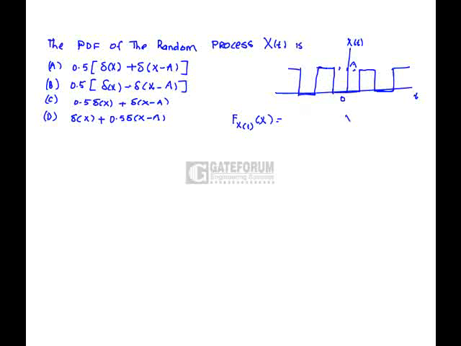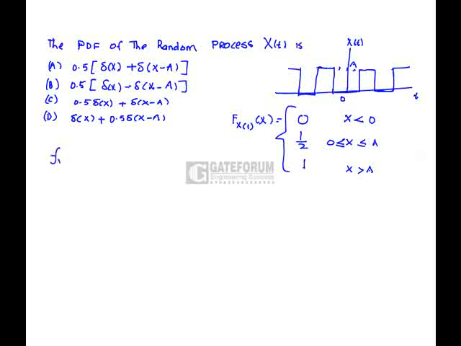So if x is less than 0, x is not going to take a value less than 0, hence the probability of x less than 0 is 0. The probability of taking either 0 or a is half. The probability of taking one of these two values is 1.